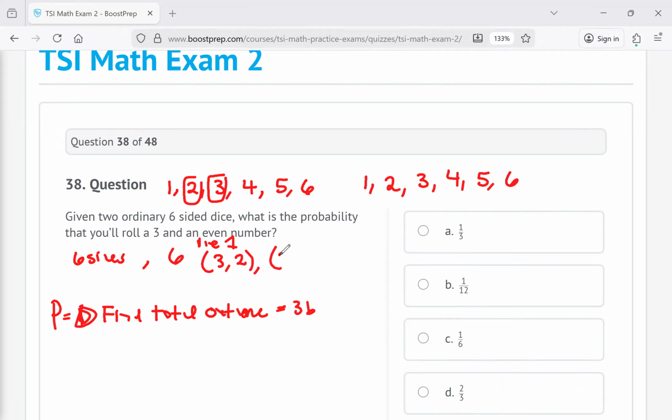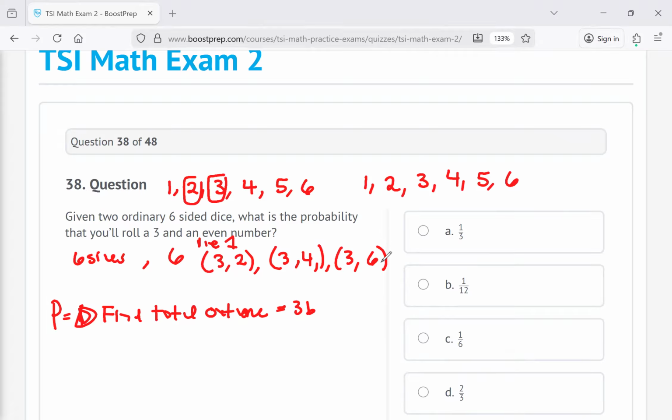You have a three here, and then your other even number in the second die is four, and then the next one is going to be three here and six there.